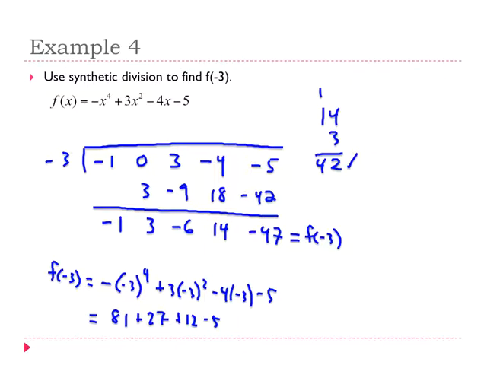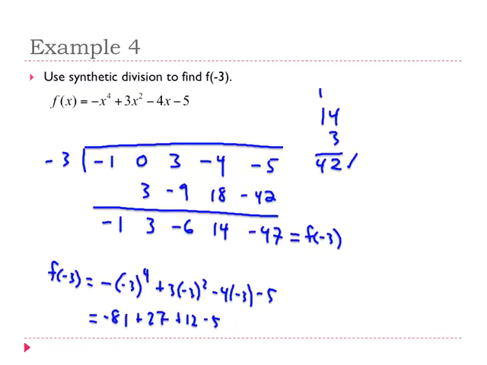That is weird. Negative 1, 0, 3, negative 4, negative 5. Negative 1, 3, 3, negative 9, negative 6, positive 18, 14, negative 42, negative 47. Oh, that's what happened. So this is supposed to be negative 81. Sorry about that.